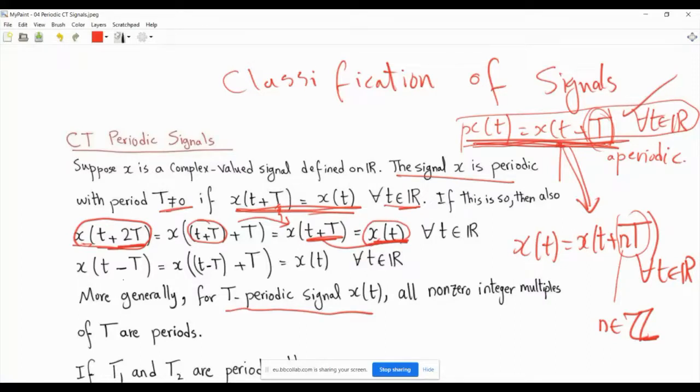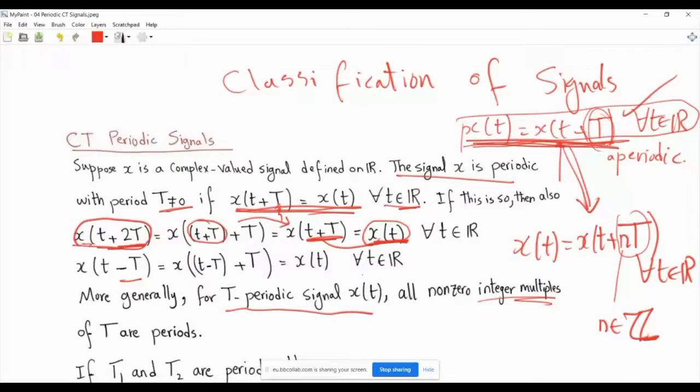You can show it if you replace big T by minus big T, and actually it is true for all integer multiples. So basically, if big T is a period for a signal, then all the non-zero integer multiples of big T are also valid periods of the signal.